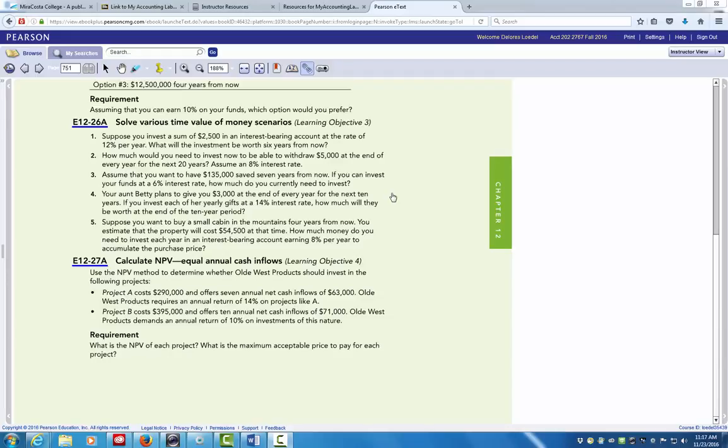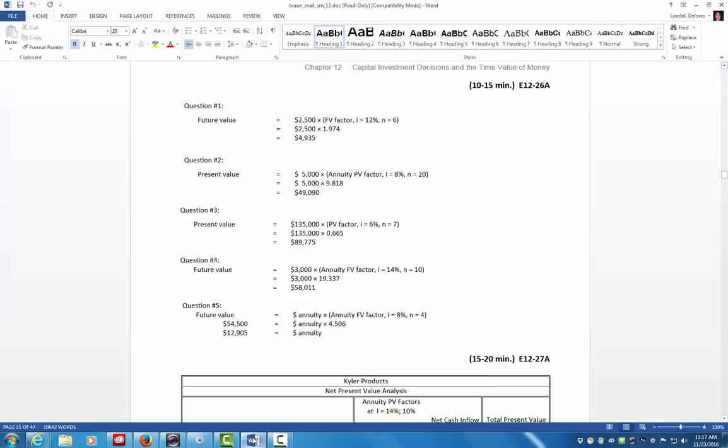The first one, we're going to invest a sum of $2,500 at 12% a year, and what is that worth in 6 years from now? So let's take a look at the solution. We multiply 2,500 by our future value factor. And again, on any of these, you could use a formula or you could use the table factors as given.